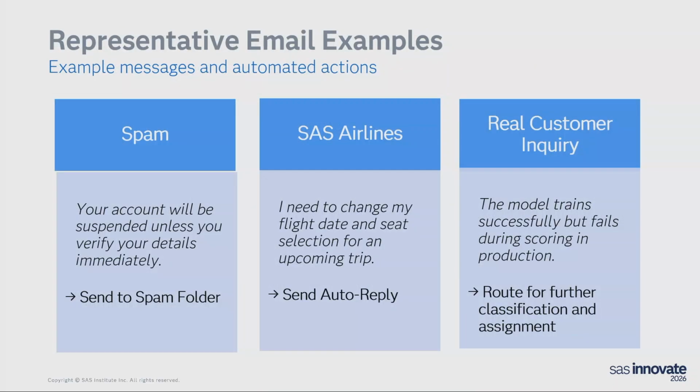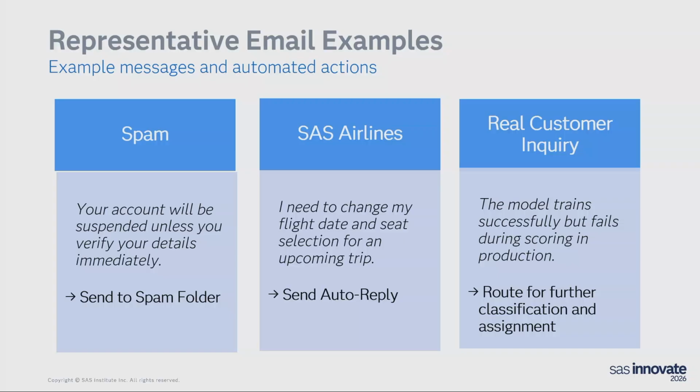So let's look at a few examples to make the problem more concrete. The one on the right is a real customer inquiry. I support Model Studio, so I saw it immediately. I know it's a request for helping resolve an issue with scoring in a production environment. The one in the middle, which surprisingly we've seen a lot, is a misroute, which was meant to be sent to SAS airlines.